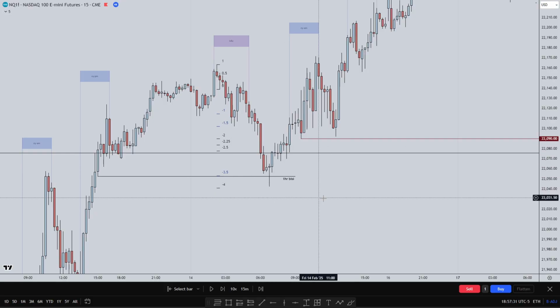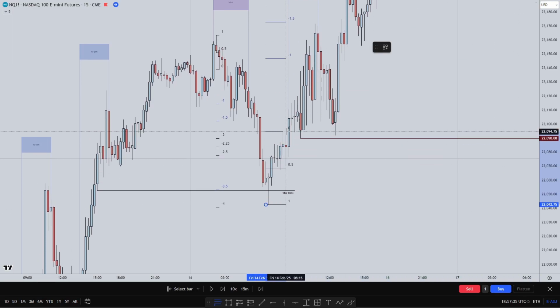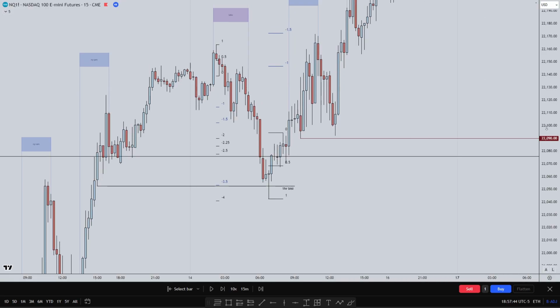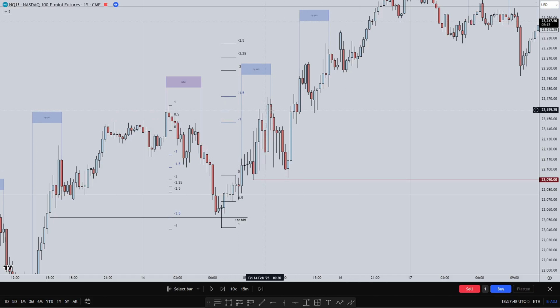That gets ran, and then we get our distribution to the upside. So, right, that low to 15-minute break. That starts our move up. -1 reaccumulation, right? And then delivery to -2.